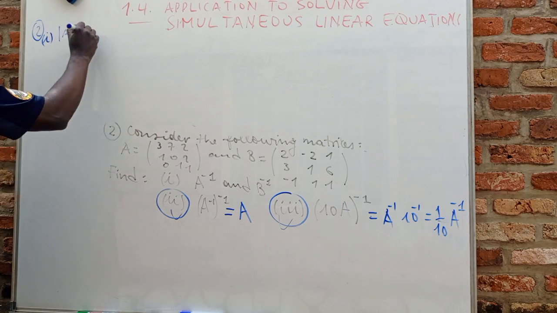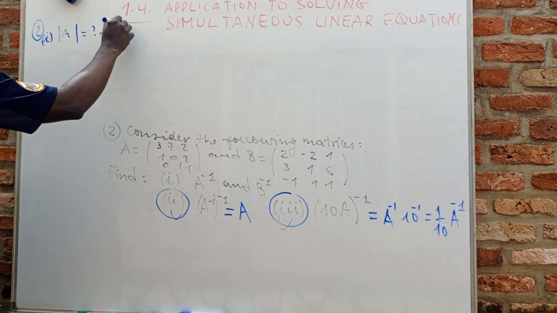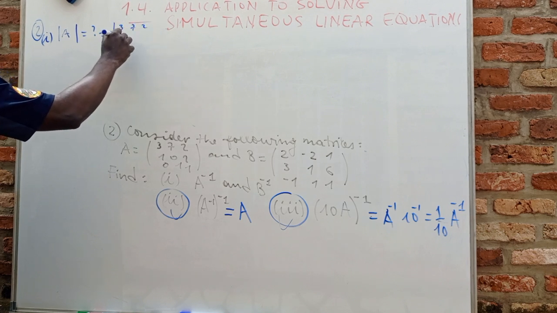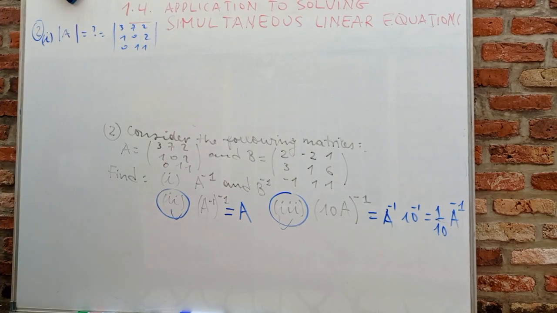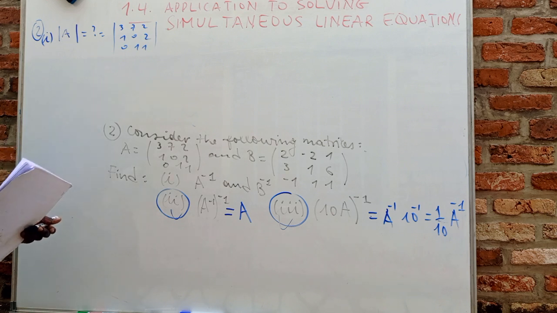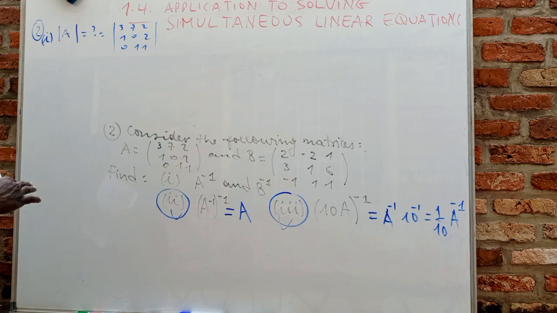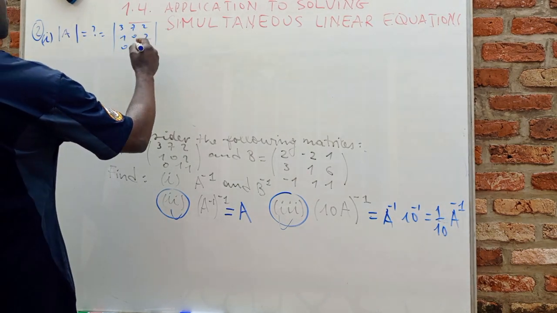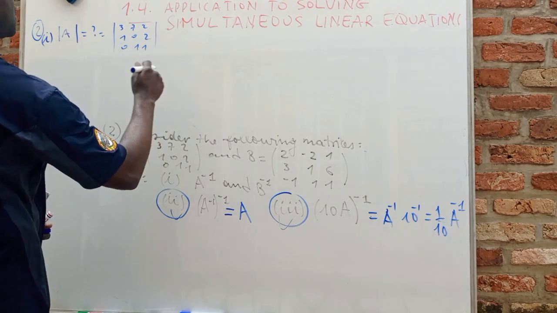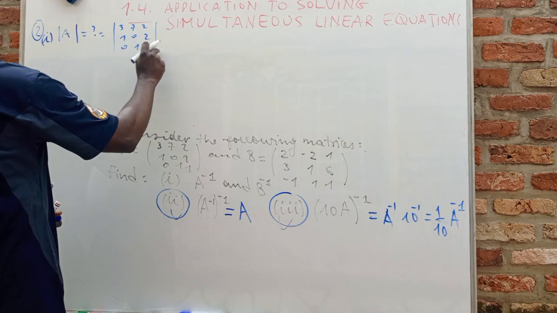So the determinant of this matrix: 3, 7, 2, 1, 0, 2, 0, 1, 1. Okay. Now there is a way of finding the determinant. If it's possible, we can make it a triangular matrix. It will take a bit longer, so let us calculate as usual. I can develop this through the third row, 0, 1, 1.